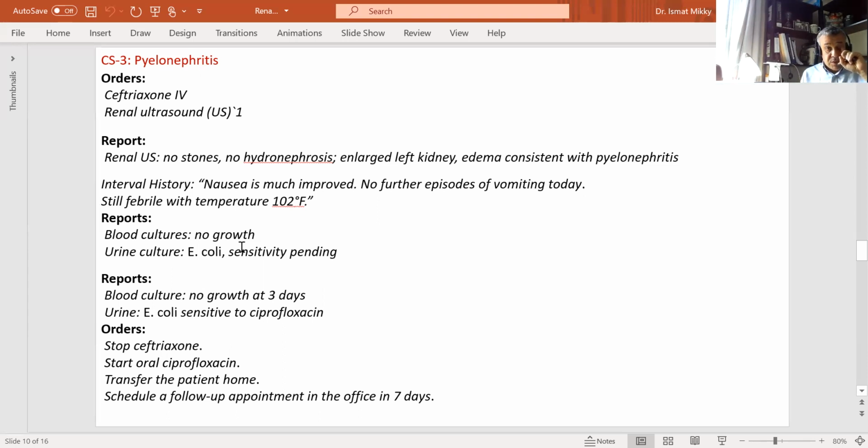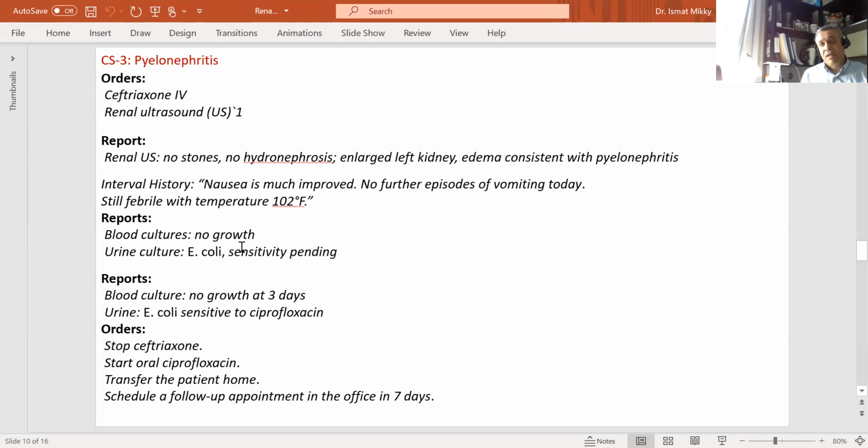But the urine culture isolated E. coli, and the sensitivity result is still pending, which means the C&S, culture and sensitivity, takes a few days.